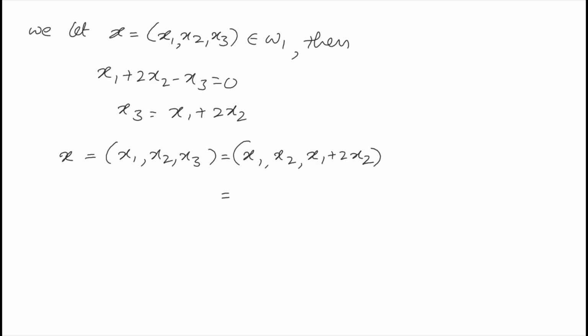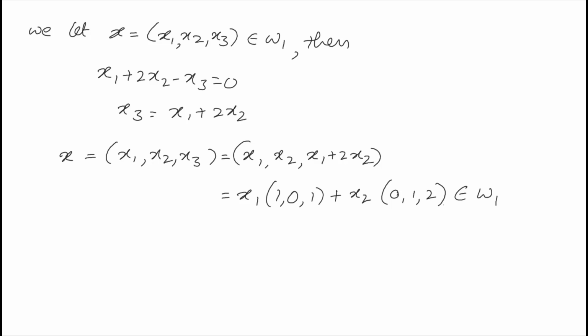Now this vector can be rewritten as a linear combination of two linearly independent vectors: x1 times (1, 0, 1) plus x2 times (0, 1, 2). We can see that these two vectors are linearly independent. That means any vector in W1 can be written as a linear combination of two linearly independent vectors.